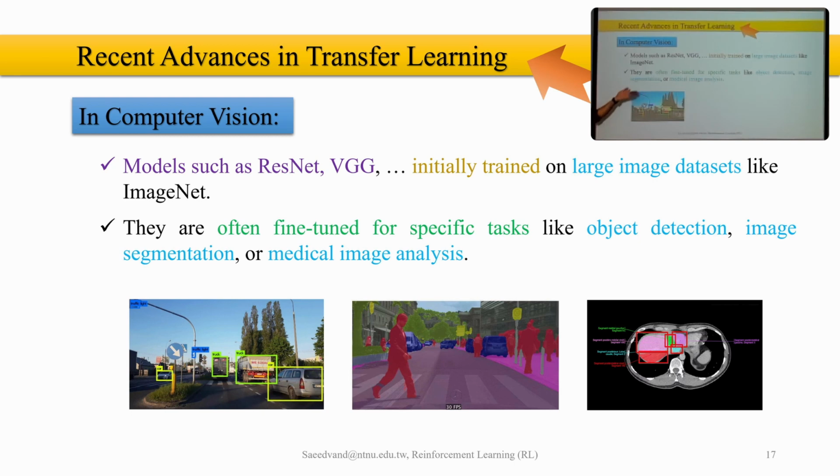Since you trained on the computer vision task with a large data set, when you have a new problem such as object detection, a segmentation problem, or a medical image analysis problem, your network has already learned feature extraction, what the important elements are. Then you can change the task and achieve higher performance and faster results.